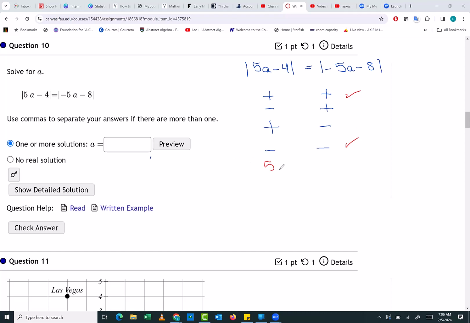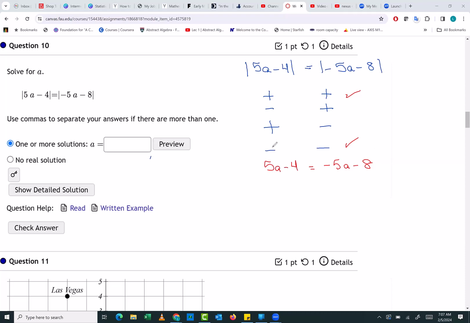If I start with 5a minus 4 equals negative 5a minus 8, which is where I'm starting with just taking the absolute values off and assuming they're both positive, I get that.